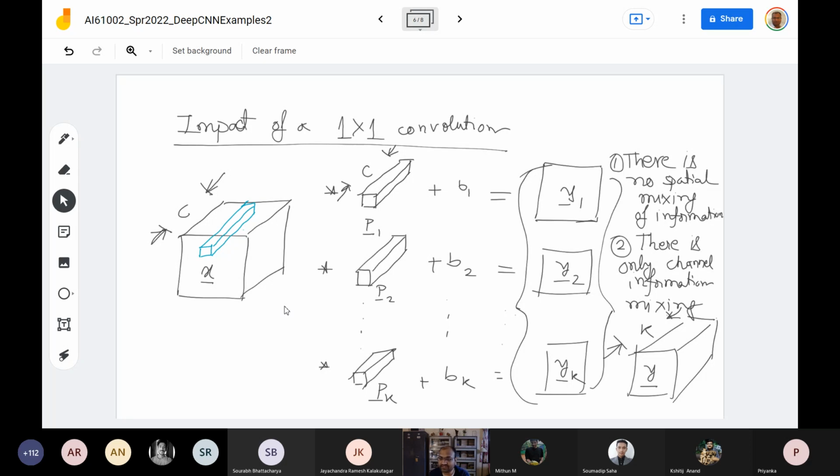Basically it's a weighted summation. Every component is a weighted summation of all the other components. That is something which can be implemented with these kinds of 1x1 convolutions. So what this is doing is learning to create such alternate channel spaces.